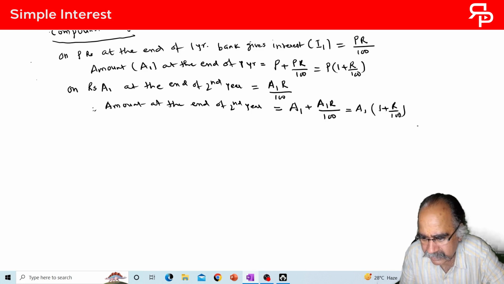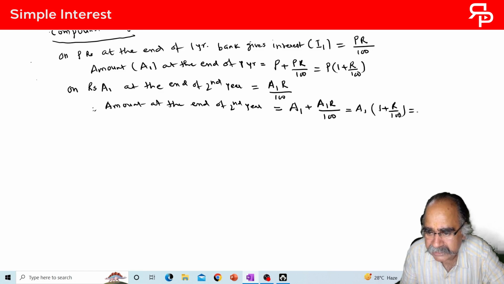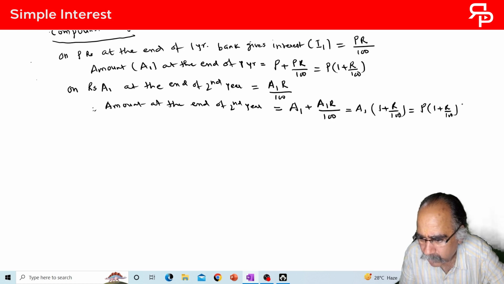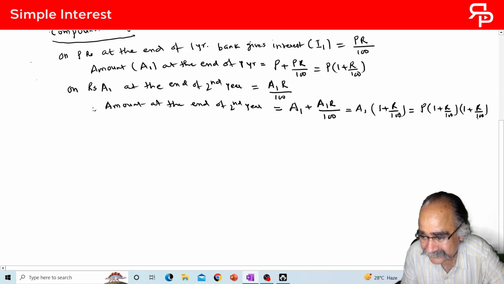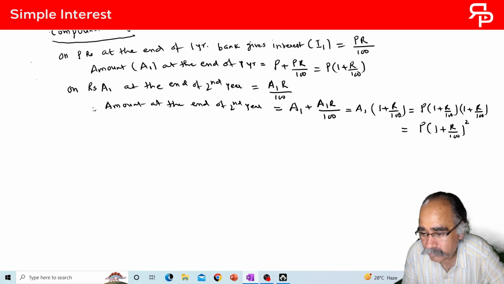And A1, you can see, was P into 1 plus R upon 100. So P into 1 plus R upon 100 into 1 plus R upon 100, which is equal to P into 1 plus R upon 100 whole squared.